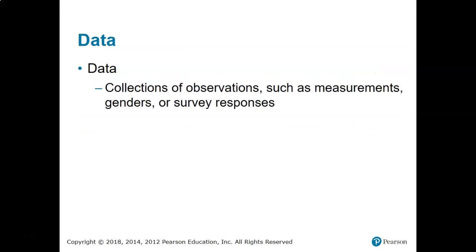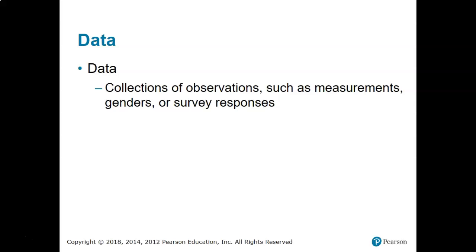Okay, so your first definition here is that of data, or some will say datum, and it's the collection of observations. Some of these are different measurements. It may be gender, it may be survey responses like yes or no, male or female, Democrat or Republican, those type things. It might be your blood pressure, your pulse rate.